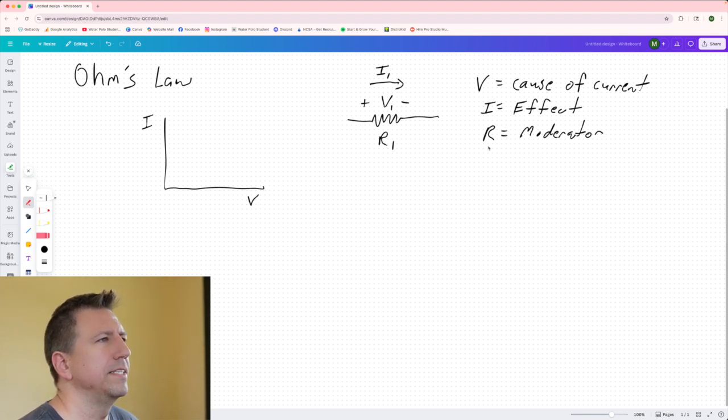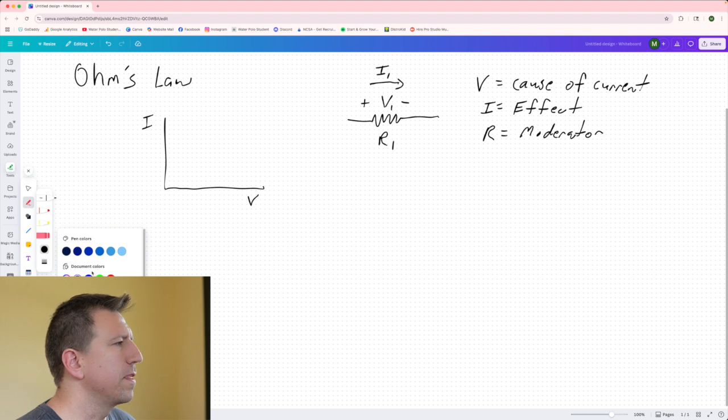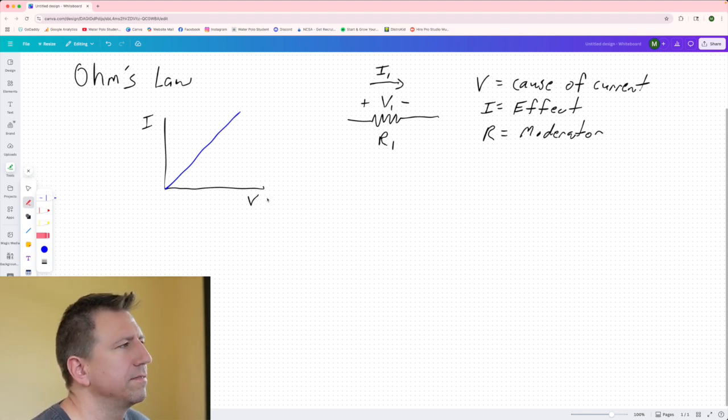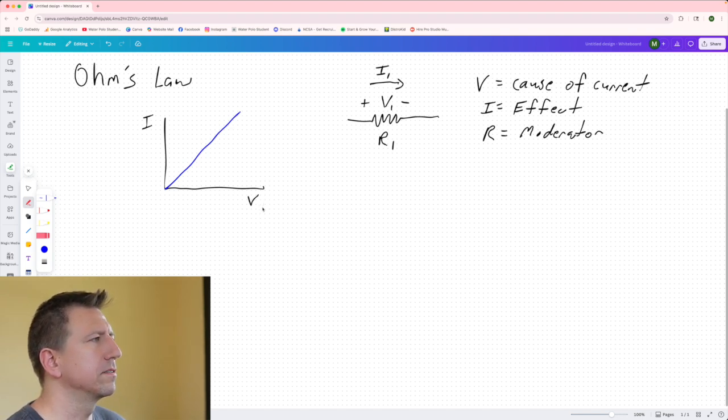And so V, I, and R. So let me just show you. On this graph, if you increase the voltage, what you would see is that the current would increase from 0, and it would look something like this, a linear positive sloped line, okay?